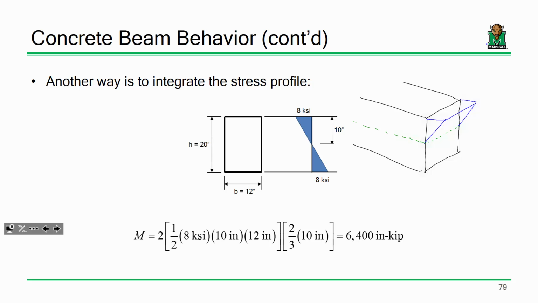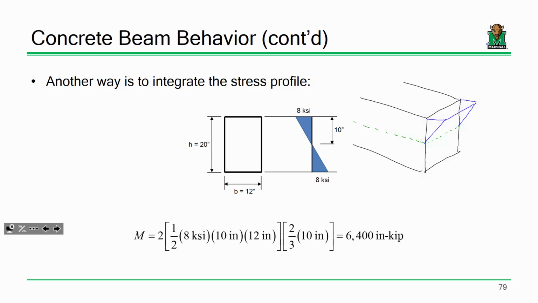So it's going to be this area, 1/2 of 8 times 10, acting over the width, so 1/2 times 8 times 10 times 12, right? So that's, quote unquote, the area, and then the moment arm. Okay, now how far is it from the center to the centroid of that triangle? Well, it's 2/3 of 10, right? Make sense?